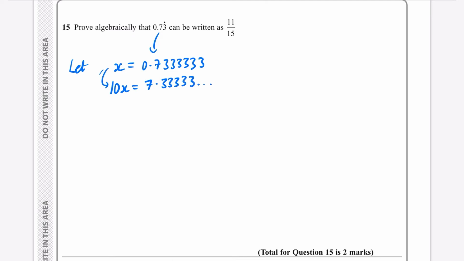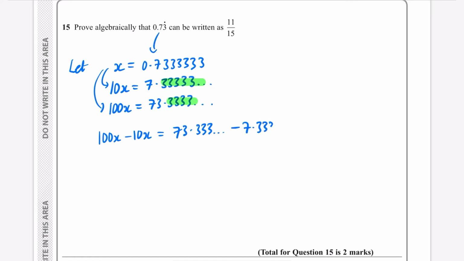If I times it by 10 again, or if I get 100x, times it by 100, I get 73.333 recurring. Now what I'm going to do is think, how can I get rid of this long trail of 3's here? The way I can get rid of that is by doing 100x, take away 10x. That would be 73.333 recurring, take away 7.333 recurring.